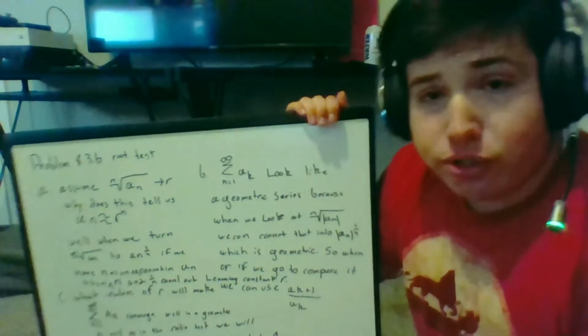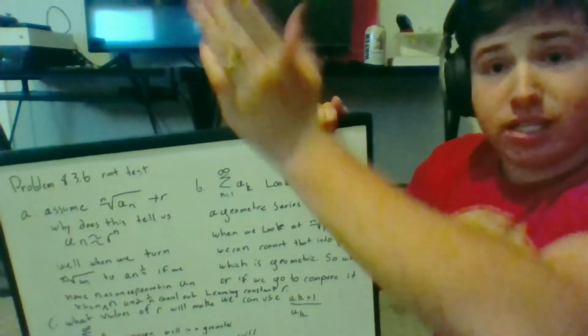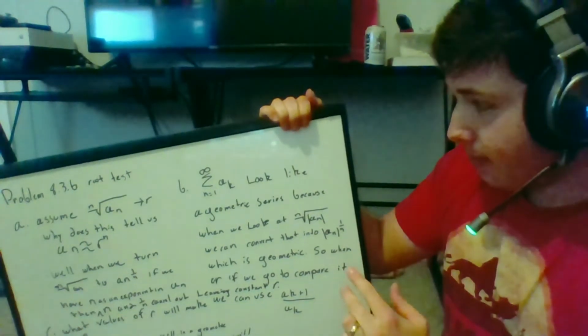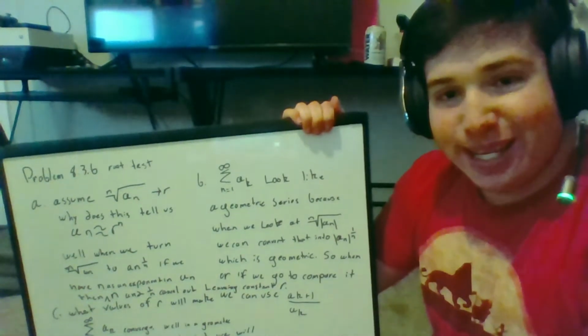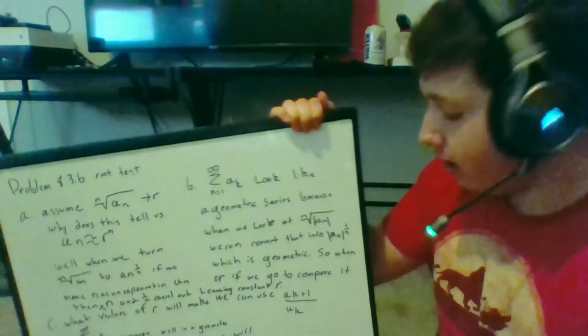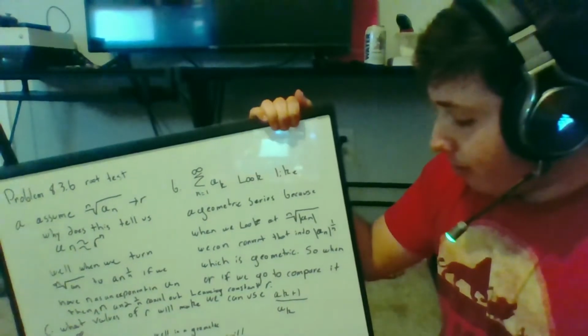That's basically a geometric series right there, because you have a function raised to the power of something, and that fulfills what a geometric series is, a constant raised to a power, which is exactly what that is, pretty much.